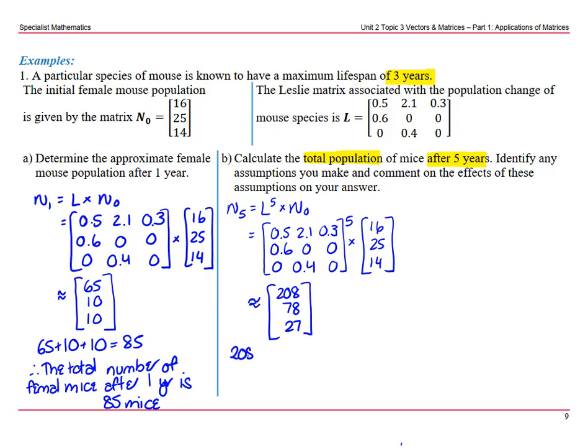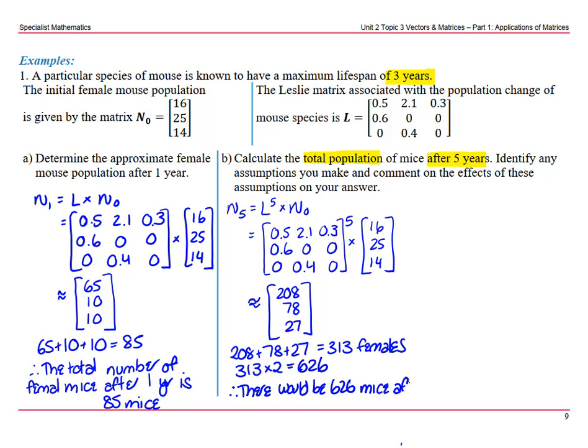So 208 plus 78 plus 27 equals 313 females. So 313 times 2 equals 626. Therefore, there would be 626 mice after 5 years.